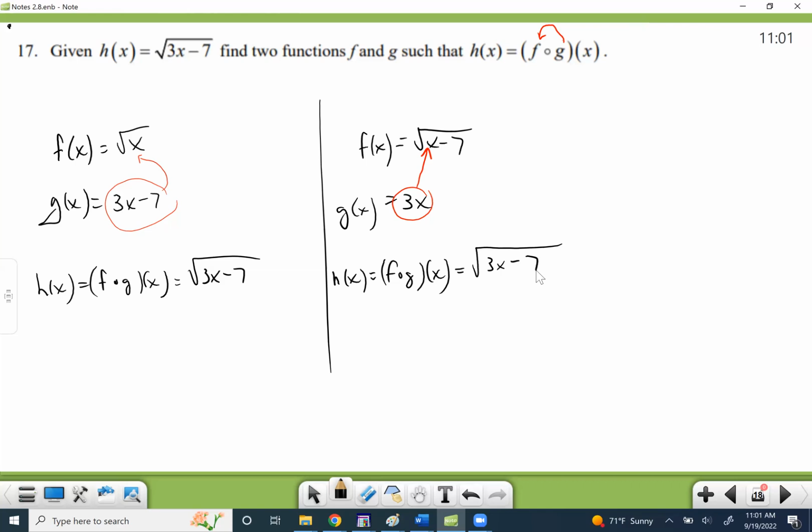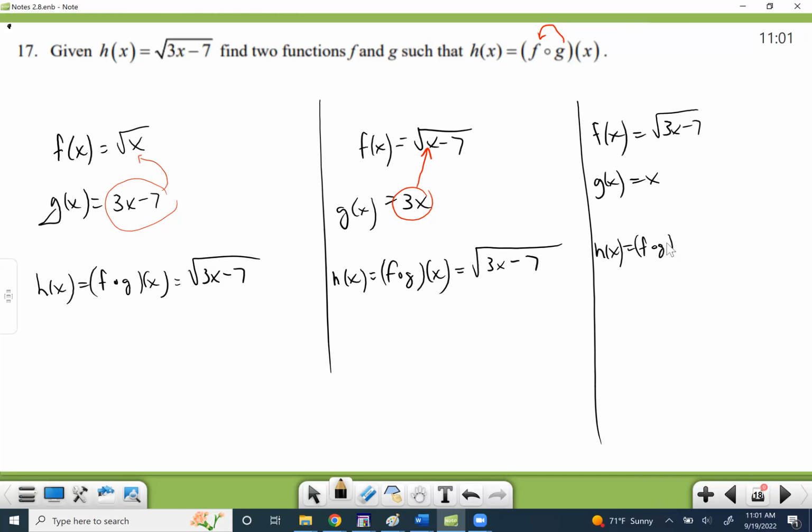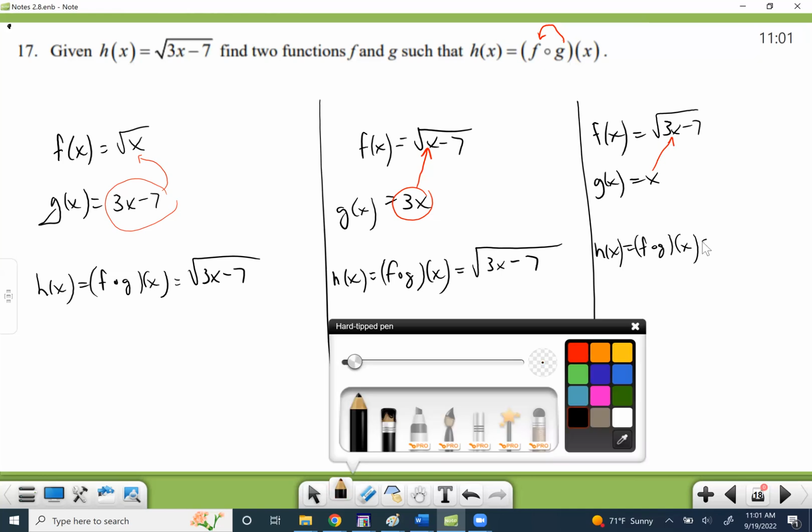And then there's the kind of chintzy one, not very interesting, but it would work on all of them: just making f of x the function itself and then making g of x equal to x. Because in that case, if I find f compose g of x, I plug x in for x, and nothing changes, so you get f back again.